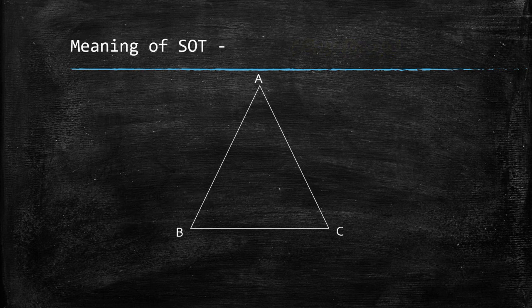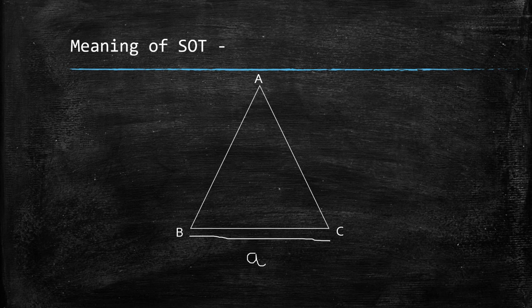Meaning of SOT. First of all, if the three sides and the three angles of a triangle are given, the notation you must know is this: this is a triangle ABC, and A, B, C are its vertices. The side just opposite to vertex A we call side length small a.